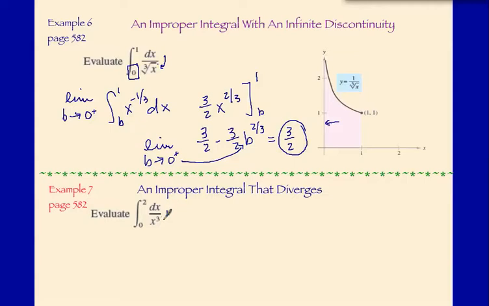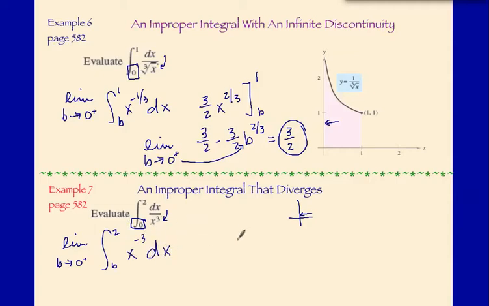Here we see a function once again with an asymptote at 0, so this is an infinite discontinuity. We're going to take the limit as b approaches 0 again positively, because you can't cross the asymptote, and since the interval is from 0 to 2, we're just going to get as close to 0 as we can from the positive direction. So that's the integral from b to 2 of x to the negative 3 dx.